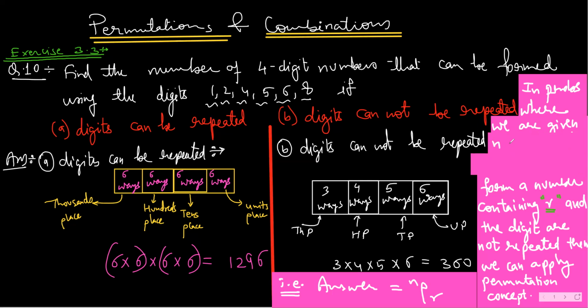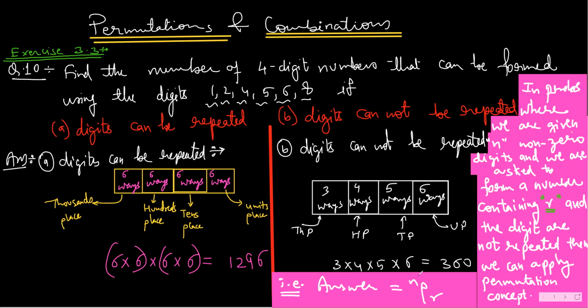We are given n non-zero digits and we are asked to form a number containing r digits.